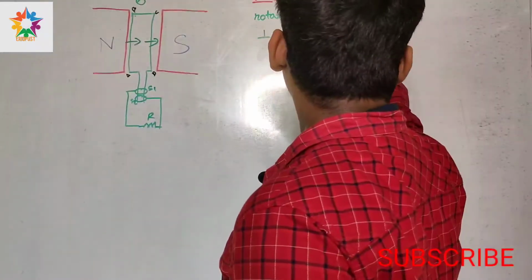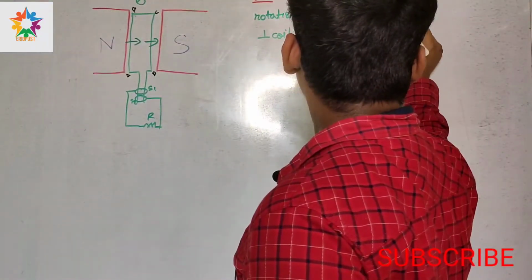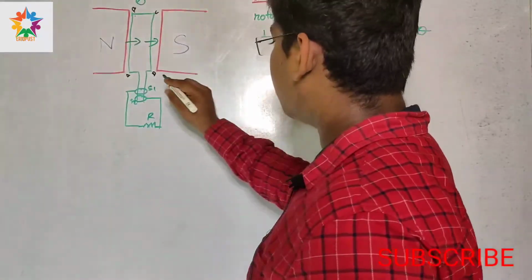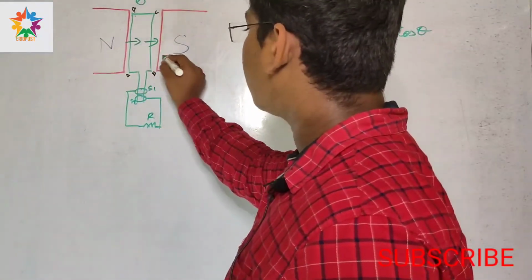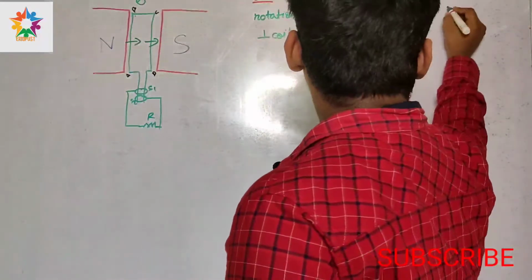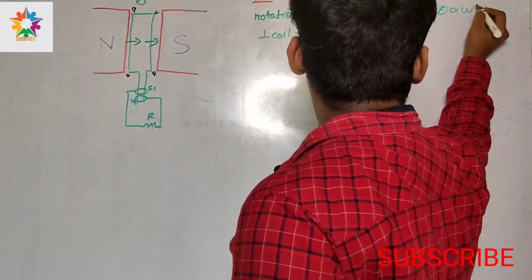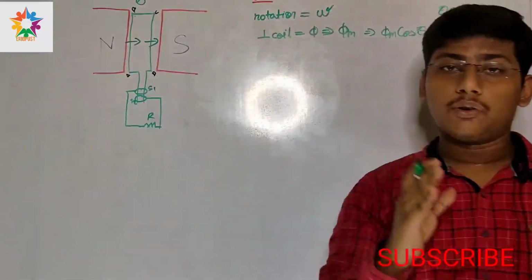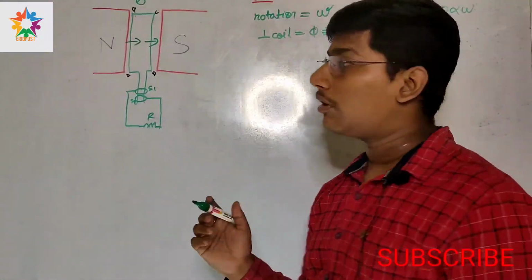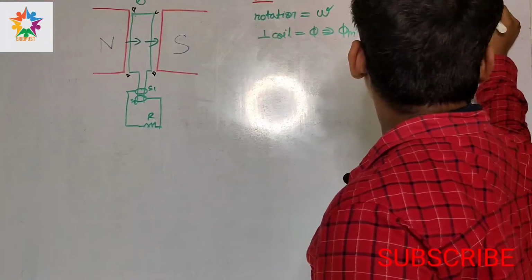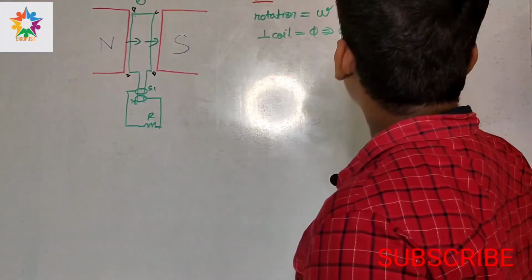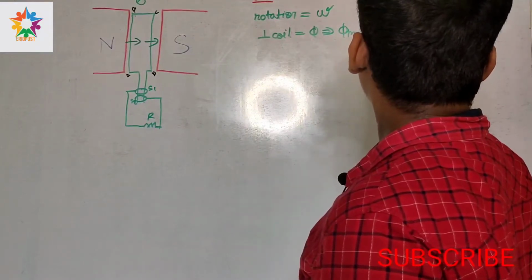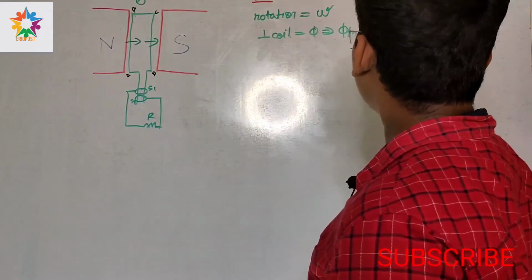So we can write this as phi m cos theta. Now what is theta here? We are taking this in the x-axis, so theta is directly proportional to omega and time, the number of rotations it is taking per time. So I can write theta is equal to omega t. So this gives me phi m cos omega t.